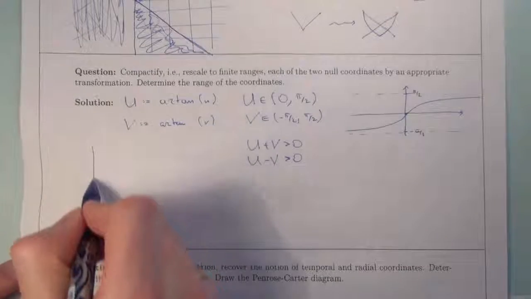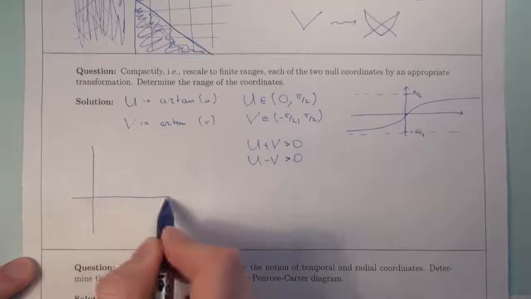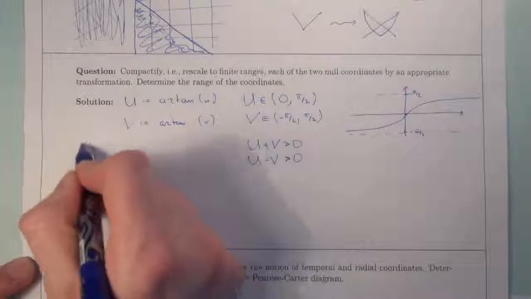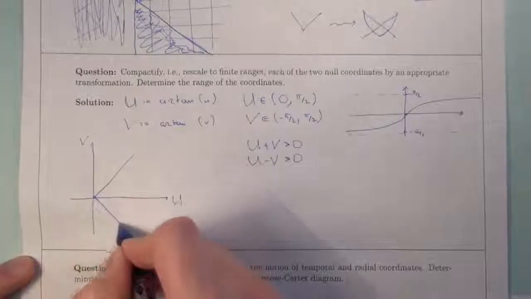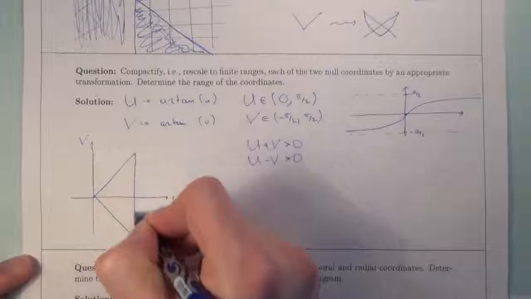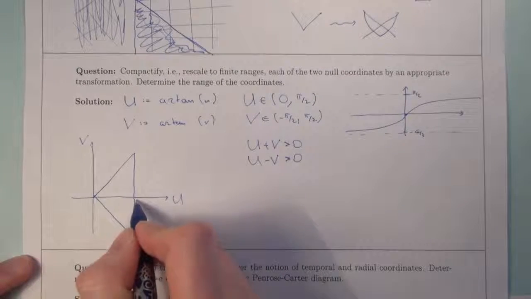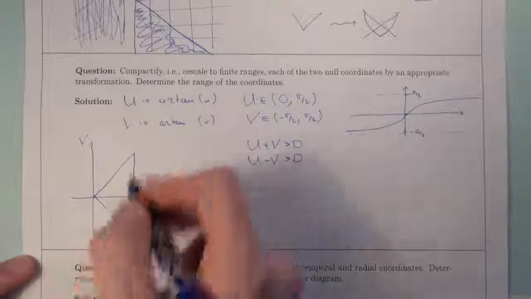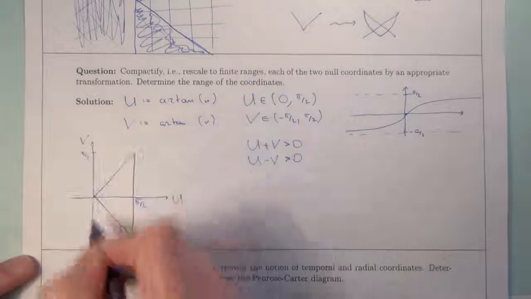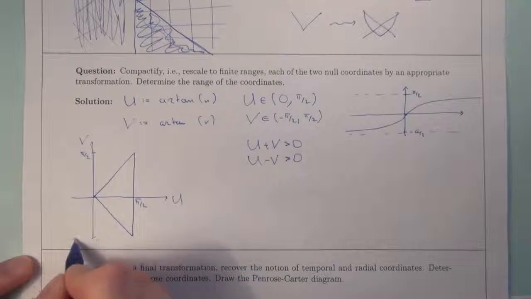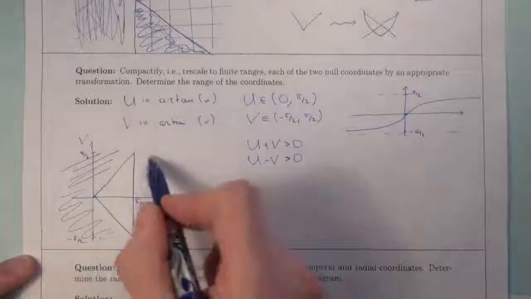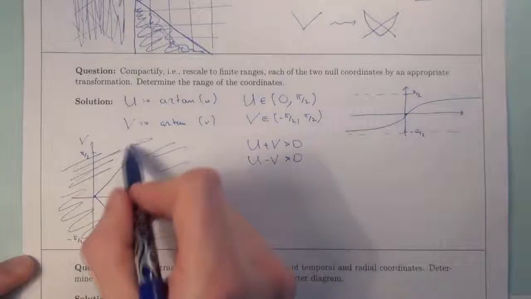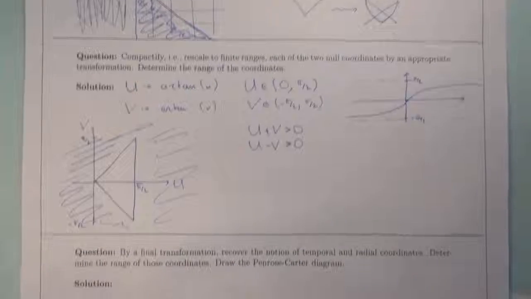So we can draw a diagram that looks like this. We have u again here and v here. So this would be something like that, where here we have pi half, here we have pi half, and here we are at minus pi half, and all the other stuff is now not part of our diagram.